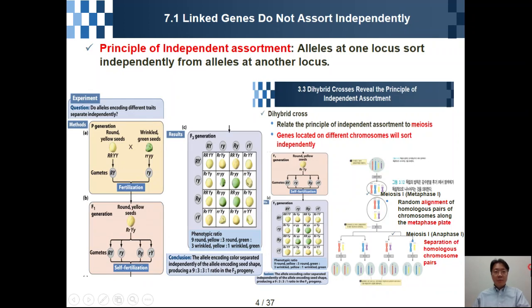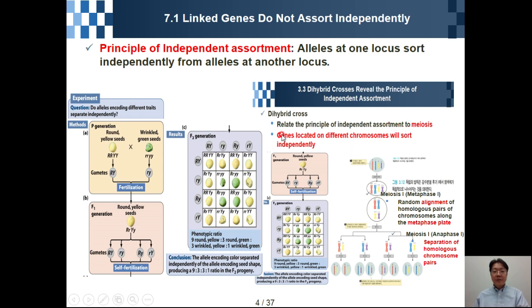In this slide, we will check the principle of independent assortment again. In Chapter 3, we learned that the principle of independent assortment means that alleles at one locus sort independently from alleles at another locus. This principle is very related to meiosis.